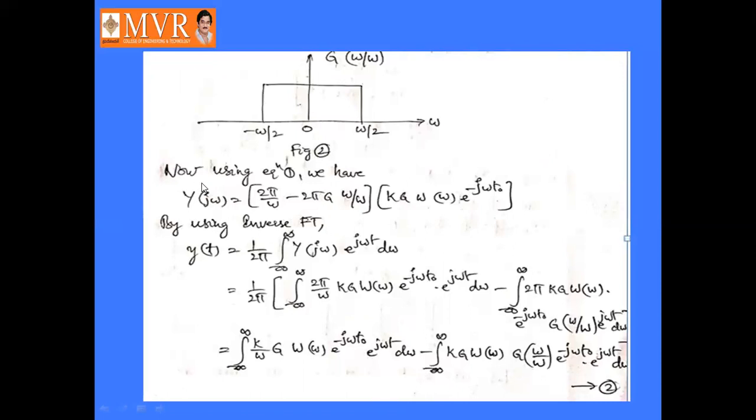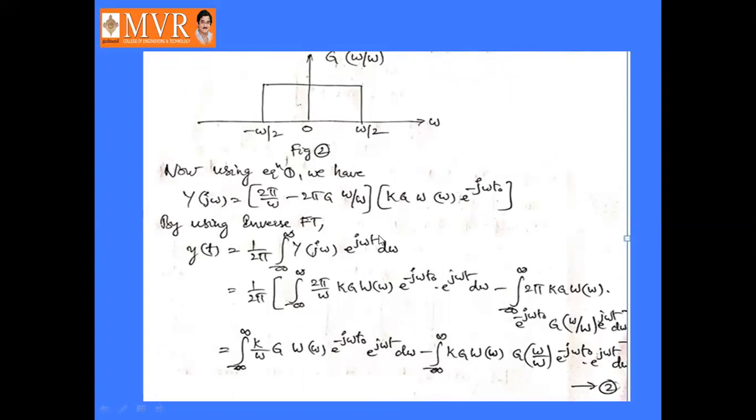So by taking the inverse Fourier transform, Y of omega will become y of t. So y of t becomes 1 by 2 pi times the integral from minus infinity to infinity of Y of j omega into e power plus j omega t d omega. But Y of j omega value is this one.